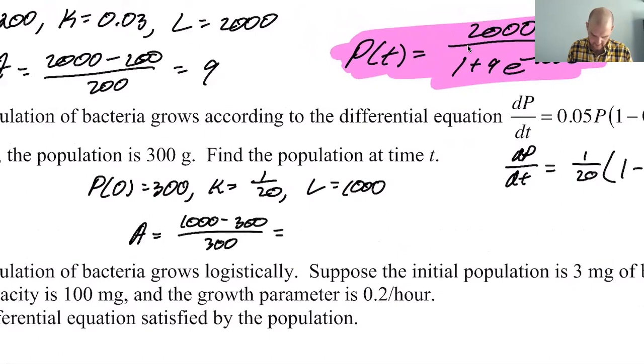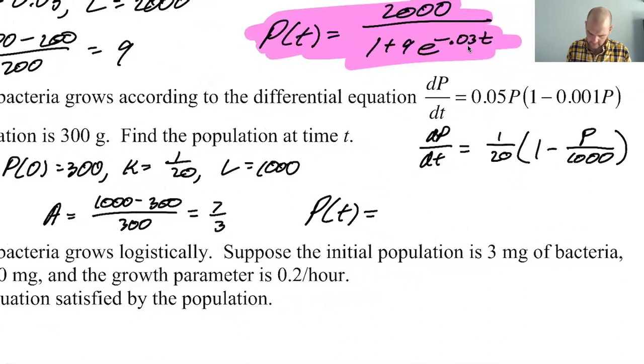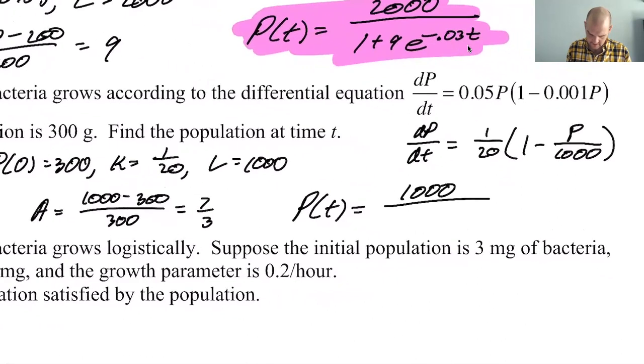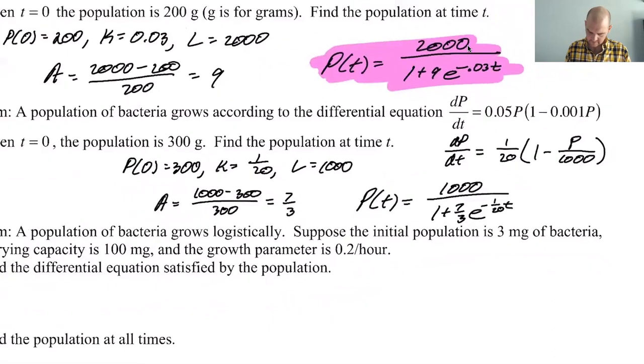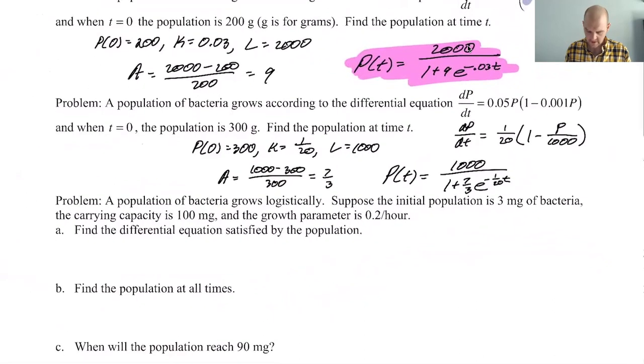So 700 over 300, so 7/3. And P of t is the limit, so 1000 over 1 plus A e to the negative 1 over 20 t. There you go.